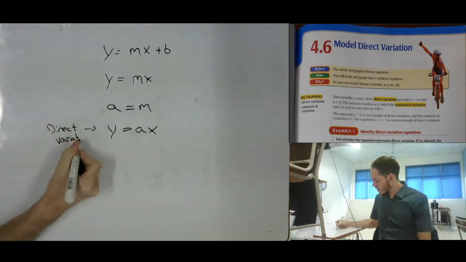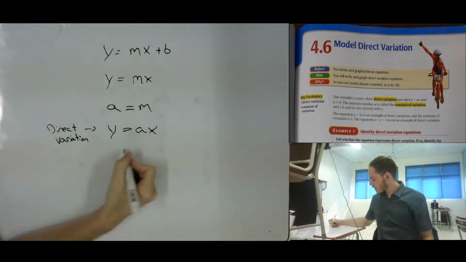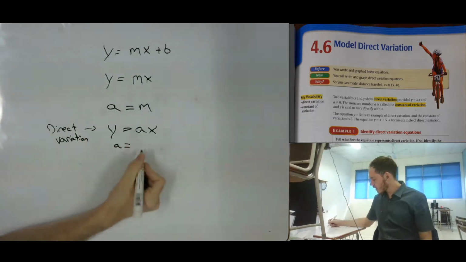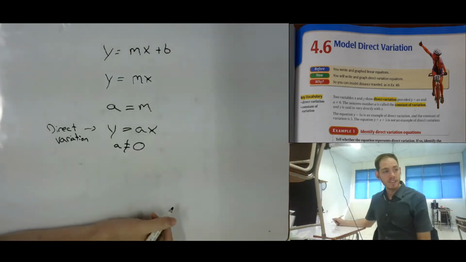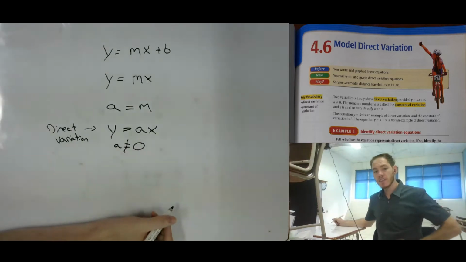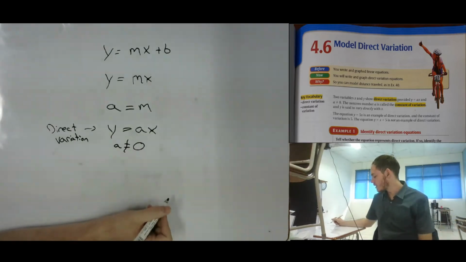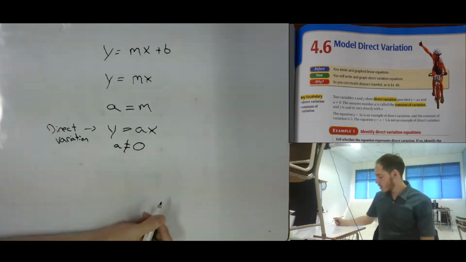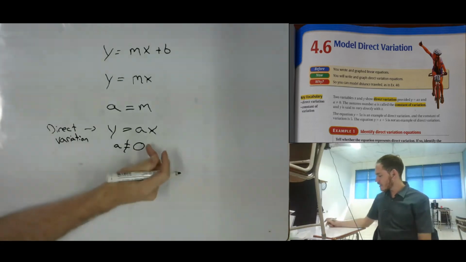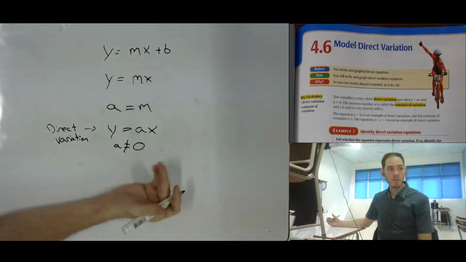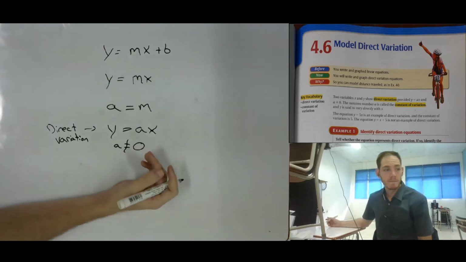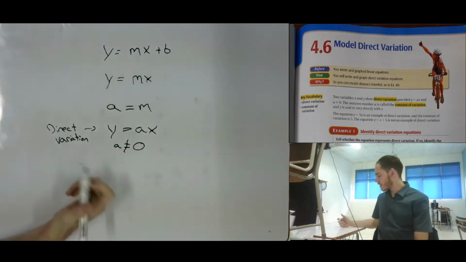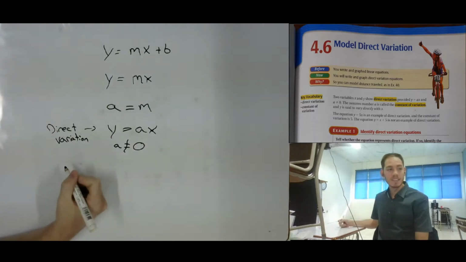If A does not equal 0, we have direct variation. Direct variation means as one changes, so what happens as x grows? Well, we'll look at some cases. What happens when x decreases, okay? Constant of variation. So constant means it's a number.